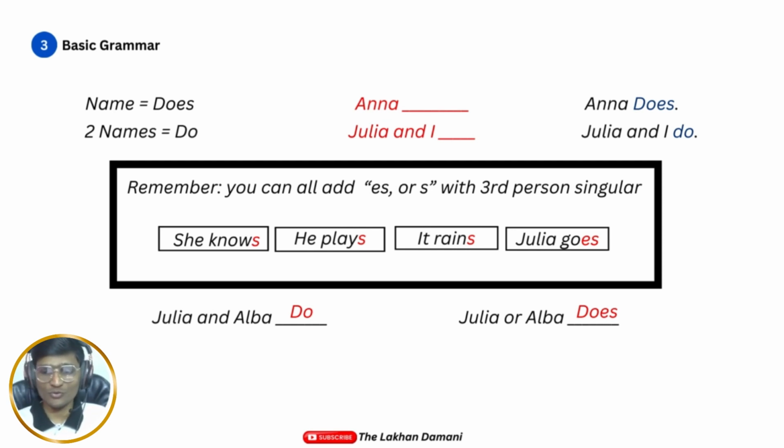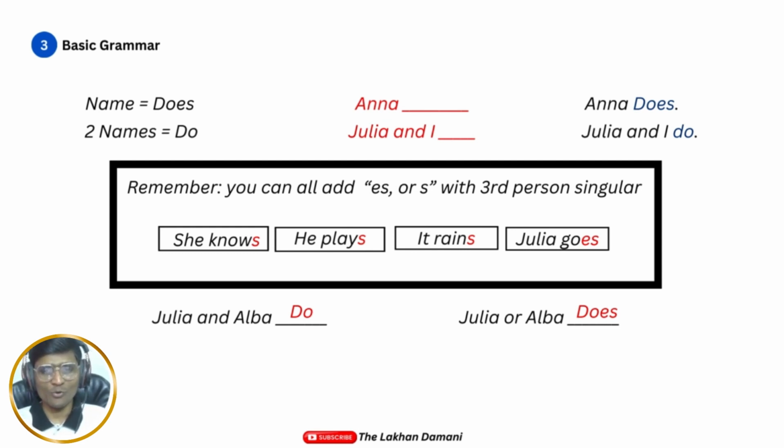Even if you have to choose a comb or you can choose tissue, right? One of them, not two. So I can say tissue or comb. Lakhan or Joy does, right? Or does not in the negative.